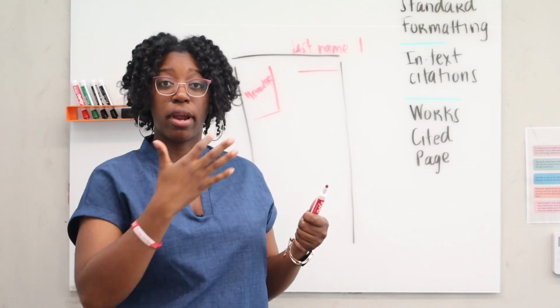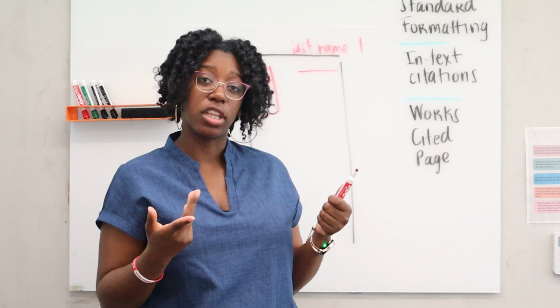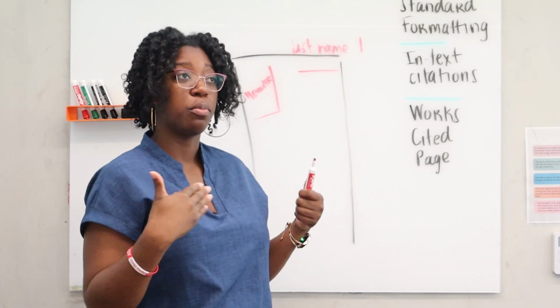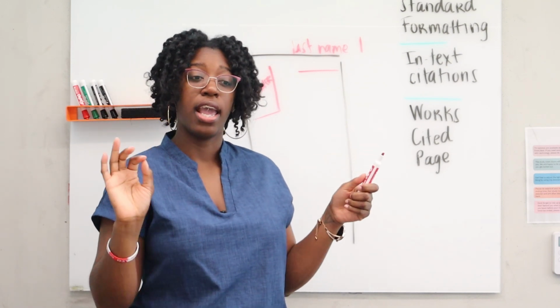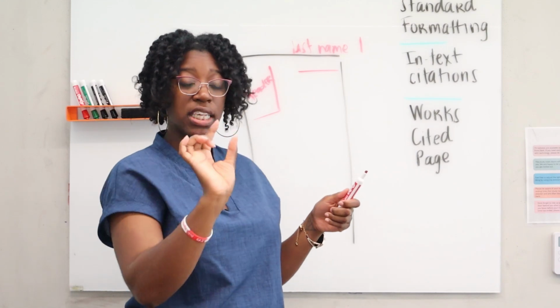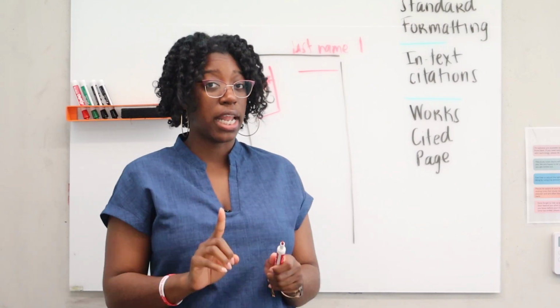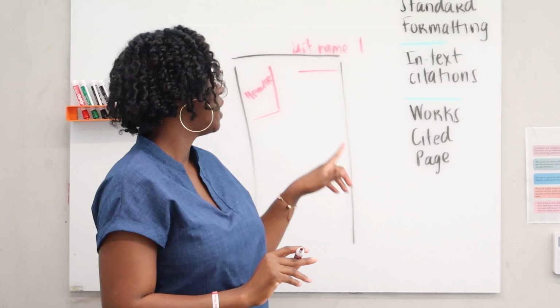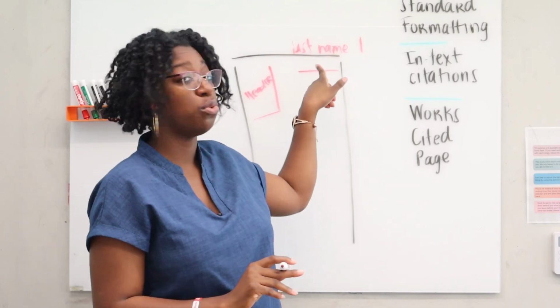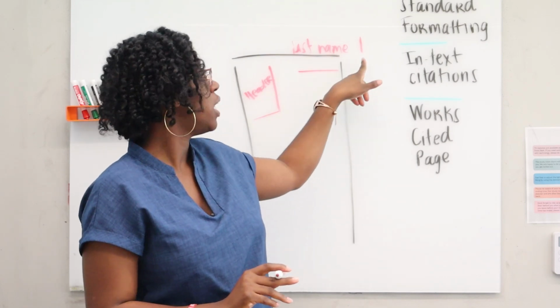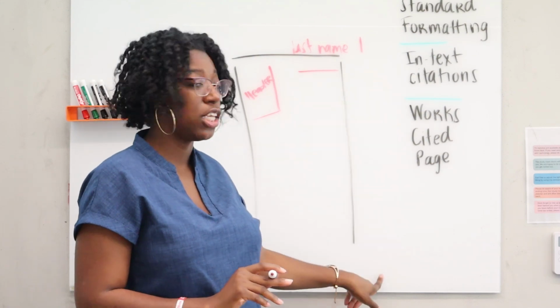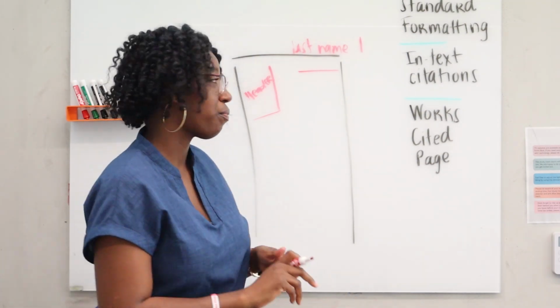Once that's in the top right corner, you'll be able to double click on that area as if you're putting in the heading and change the word's last name to your own last name. Make sure that you change this to your last name. And then the page number will automatically change as you type.